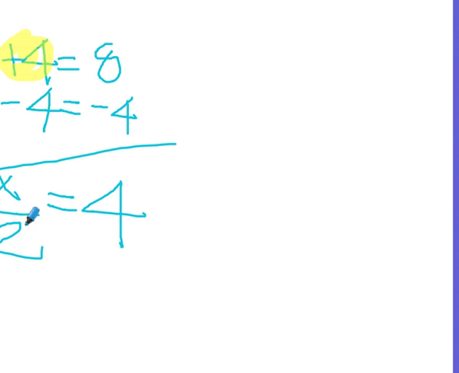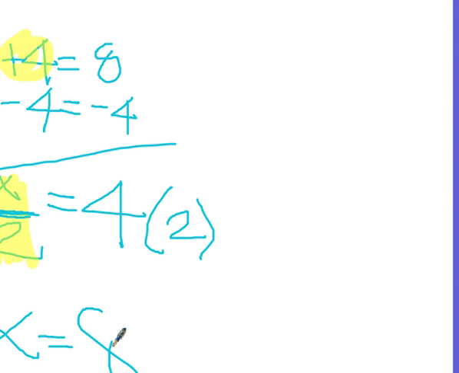Here I see a fraction, which means division, because this bar always represents division. So the opposite of division is multiplication, which means I'm going to multiply by the reciprocal of 2 over 1, because we know there's a 1 here. So 1/2, and the reciprocal is 2 over 1. And then I'm going to do it on this side. So x equals 8. And if I plug it back in, 8 divided by 2 is 4, plus 4 is 8. So we know we did our math correctly.